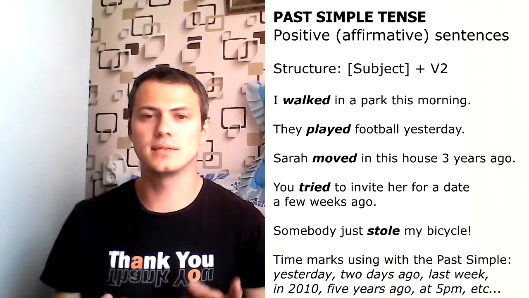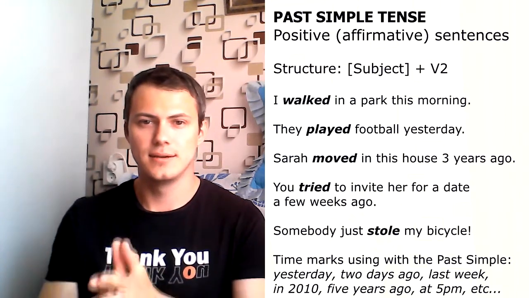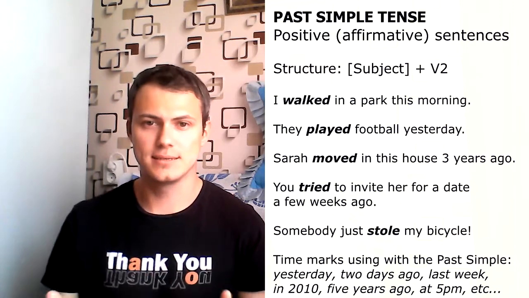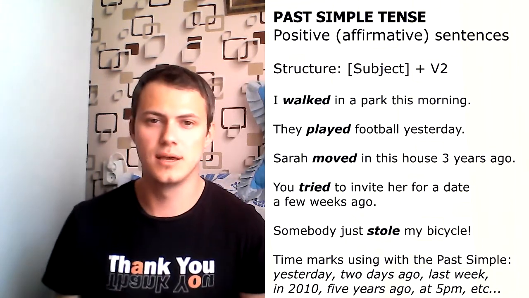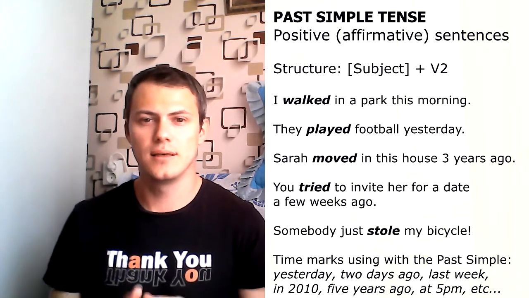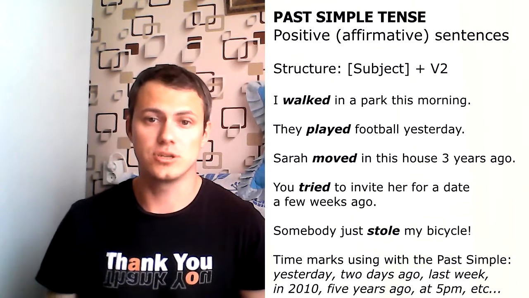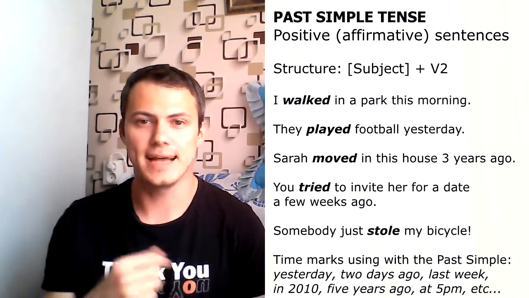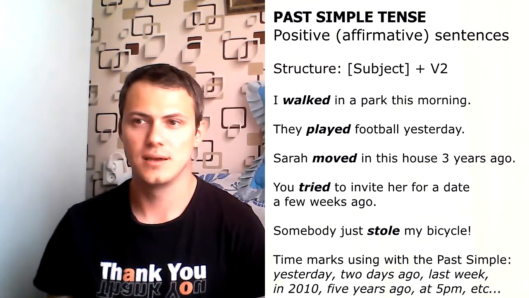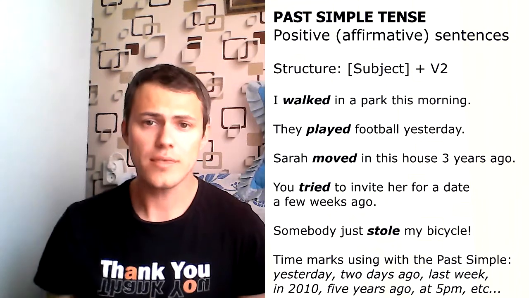It doesn't matter. What really matters is that using the past simple tense, we let our listeners or our readers know when this action that we mentioned in our sentence happened. And that's, by the way, the key difference, for example, between the past simple and the present perfect tense.